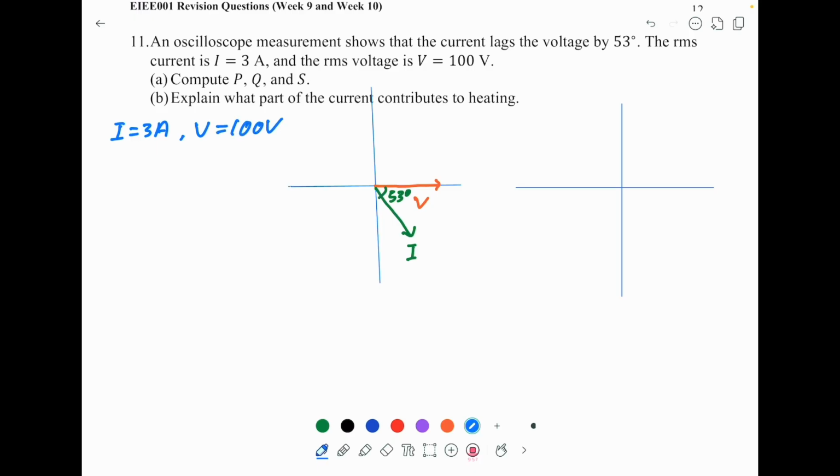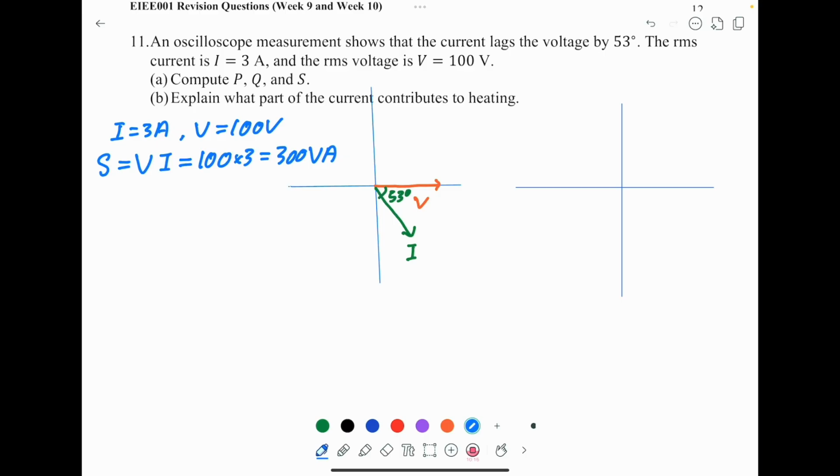And now we find what is the apparent power. Apparent power S is equal to VI, so it's equal to 100 times 3, which is 300 VA.